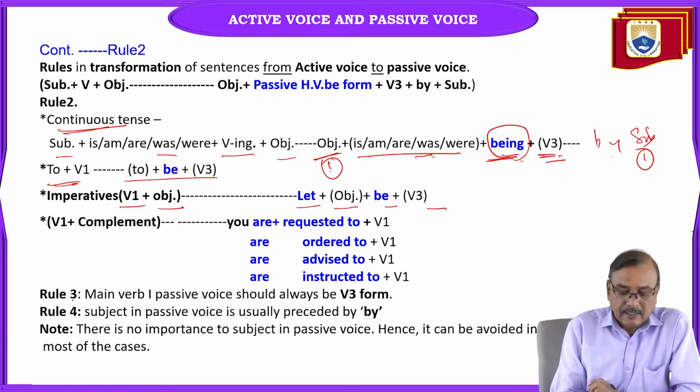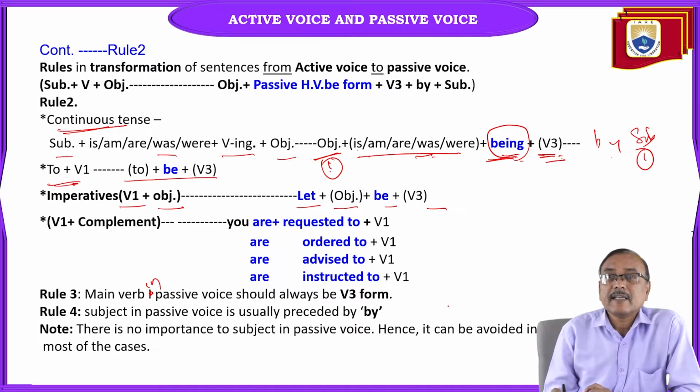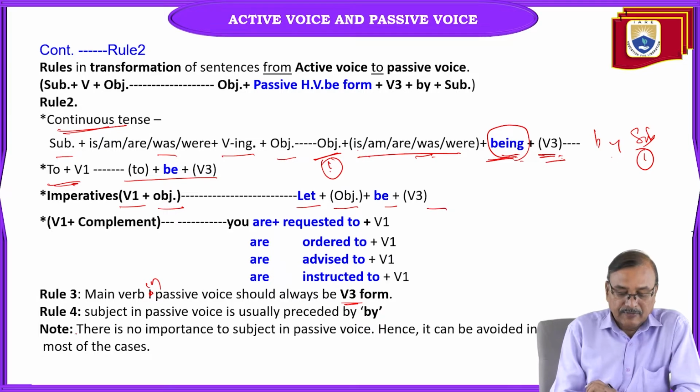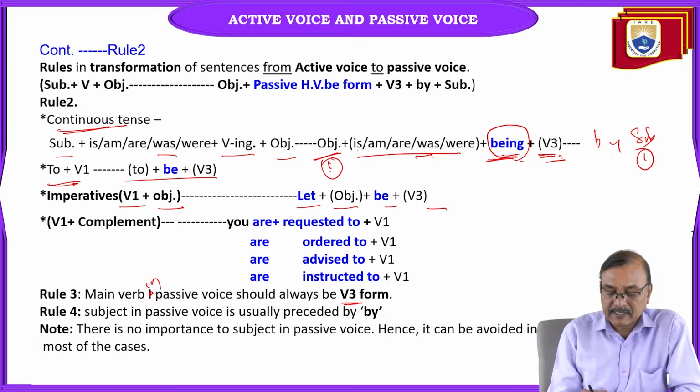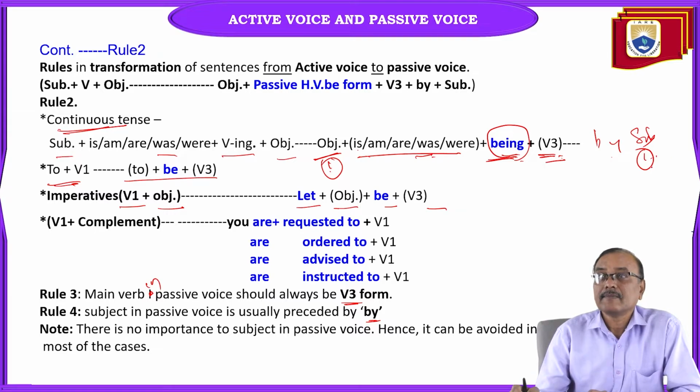Next, rule 3 here: the main verb in passive voice should always be in V3 form. We know that. And fourth, the subject in passive voice is usually preceded by by. Before the subject we are using by, and the main verb is V3 form.